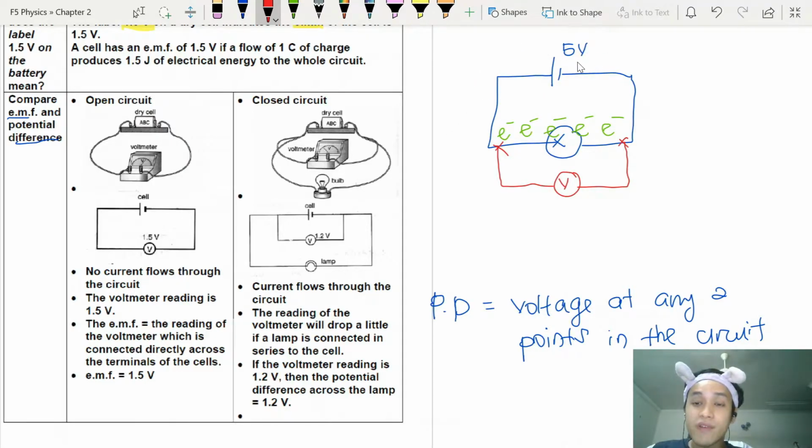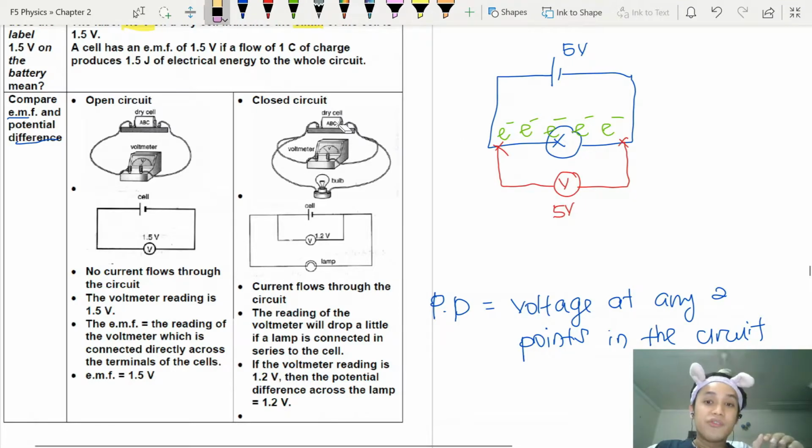Let's say I have 5 volts here and only one light bulb. Theoretically, the electrons will release 5 joules of energy to the light bulb. So when you measure the potential difference here, you're going to get 5 volts. But in real life, this does not happen.